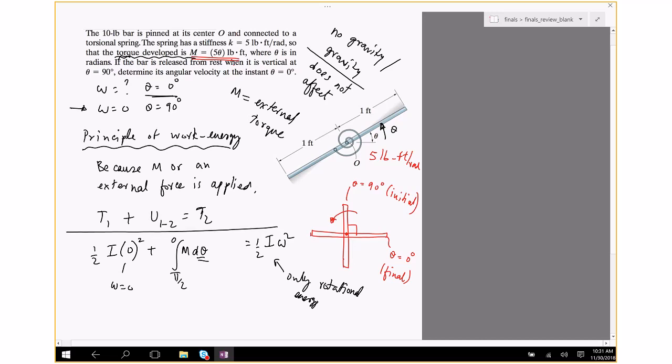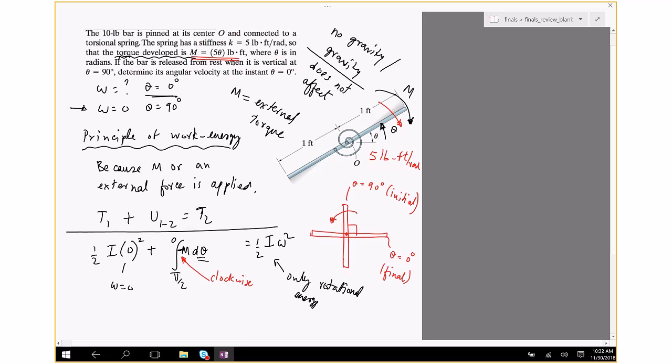So the moment is that way, so it would be negative. I would do a better job of defining the moment. So the moment is negative because it's clockwise. If they had just put that, then that would have helped.